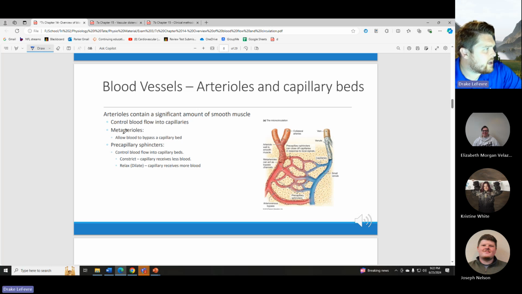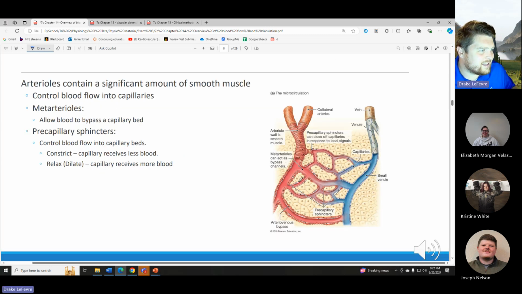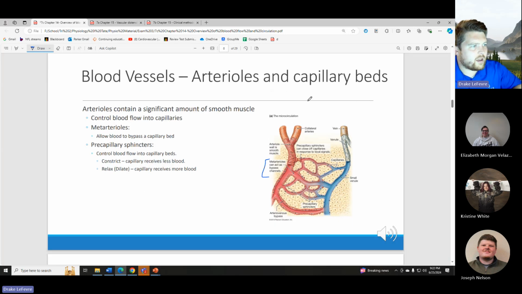Arterioles and capillary beds. So we have meta-arterioles. Meta-arterioles connect to the bypass channel. Essentially our arteriole has all this smooth muscle. We have these little guys called precapillary sphincters.